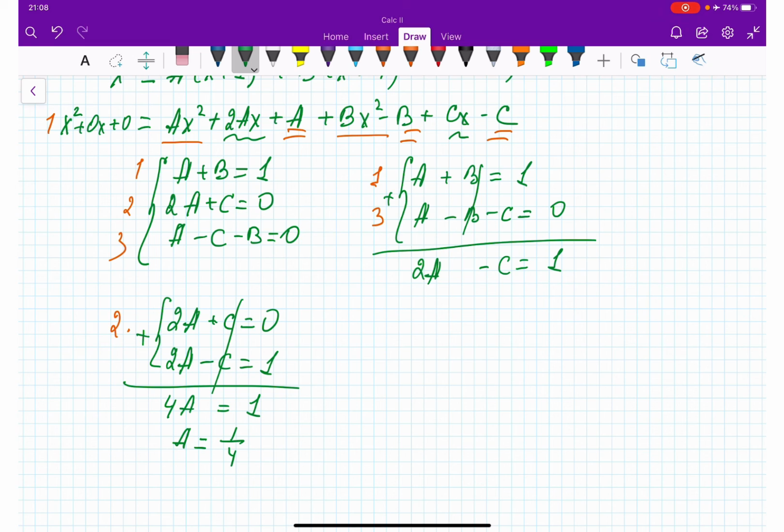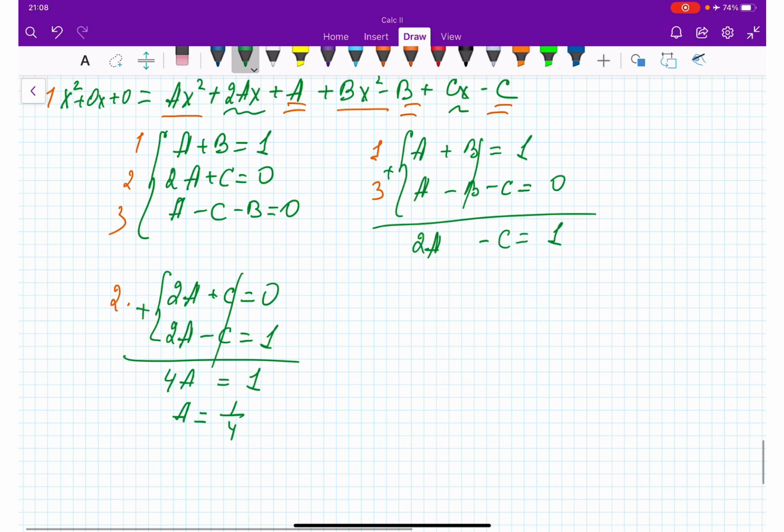Okay, so from here, we got A. Now I can find B. A plus B is equal to 1, so 1/4 plus B is equal to 1, and B is equal to 1 minus 1/4. 1 minus 1/4, we are getting 3/4, right?